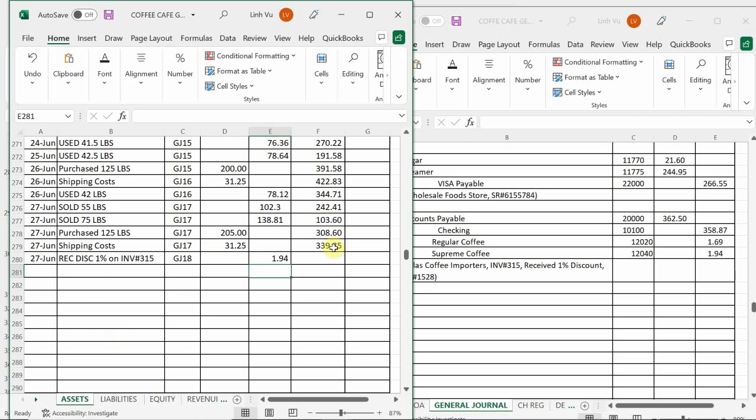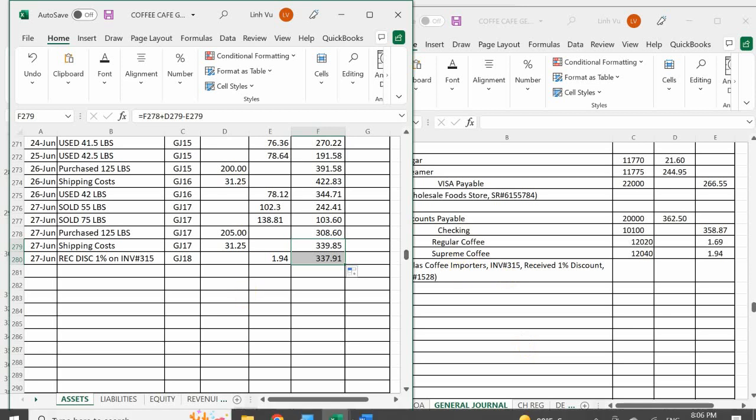So that should drop your value down to $337.91. So there you go. I finished my journal, finished my ledger.